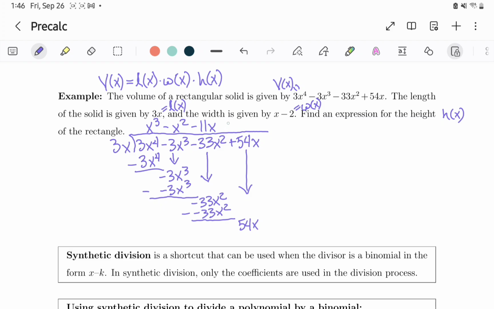So our next term for the quotient is plus 18. And we'll multiply 3x by 18, so that gives us 54x. Once again, we'll subtract that from 54x, and that's going to give us 0, which is our remainder.